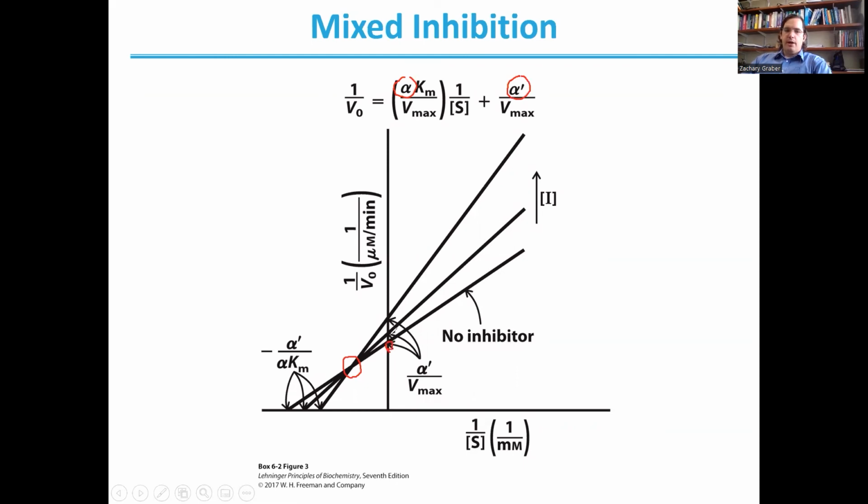So notice our y-intercept and our apparent Vmax value are changing here for each of our different inhibitor concentrations. And of course, at the same time, our apparent Km value is changing, and our slope of that Km over Vmax ratio is also changing here.